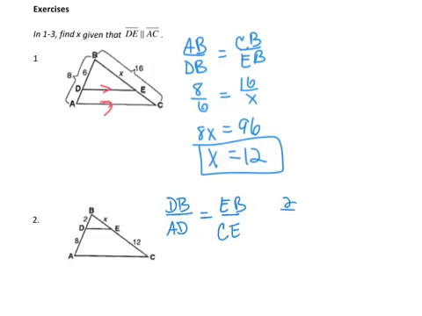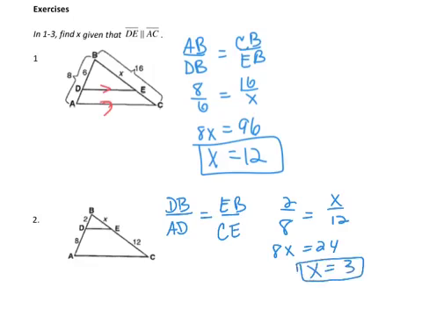So 2 over 8 is equal to x over 12, which gives you 8x is equal to 24. And x is 3. These are relatively easy to solve because cross-multiplying is something that most kids can do. Again, when you're dealing with the sides only and not the parallel lines, then you can use segments in your proportion.